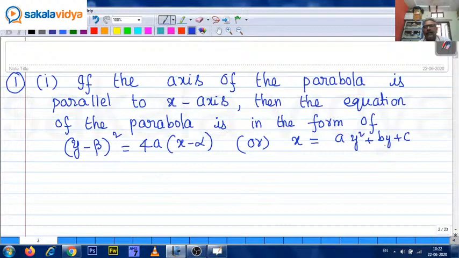If you simplify, it can be put in this form: a does not equal to 0.